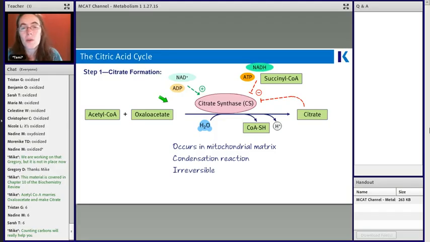That can also deactivate this because that is a downstream enzyme or a downstream substrate that comes later in the citric acid cycle. So if there's too much of it, I will come back here and I will inhibit citrate synthase. Citrate, because it's the product, will also be something that inhibits this. That doesn't surprise us. Products can typically inhibit our enzymes.